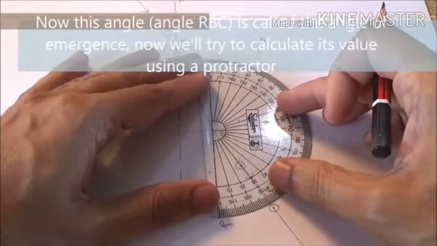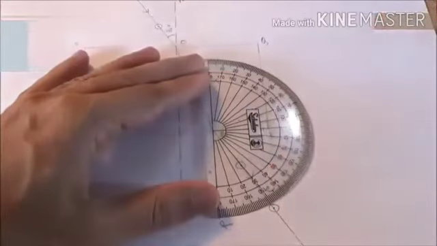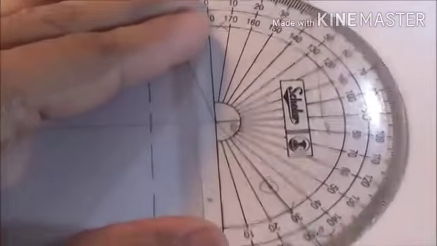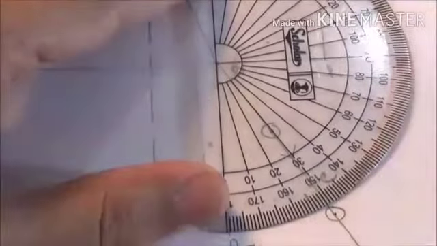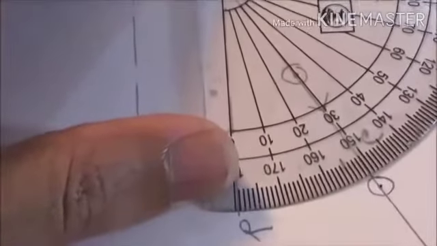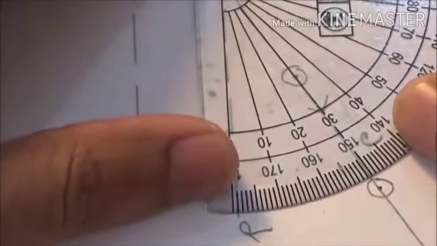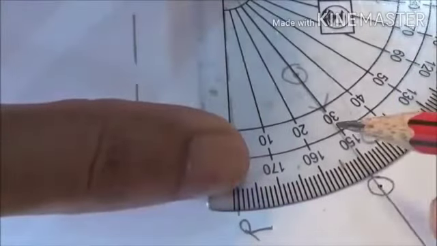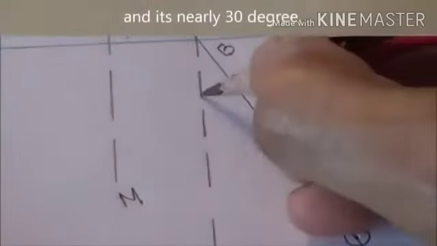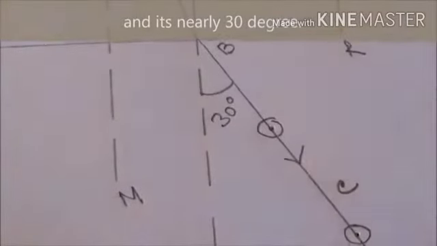And next, by using the protractor, we can find the angle between the normal and the emergent ray. The angle between the normal and the emergent ray is called the angle of emergence, which is also equal to 30 degrees.